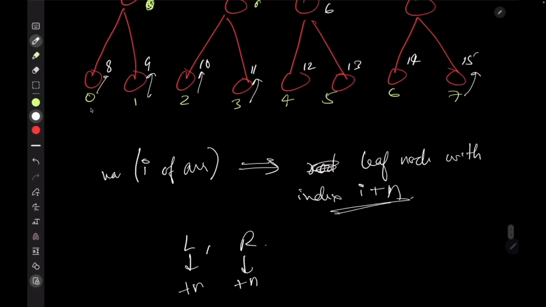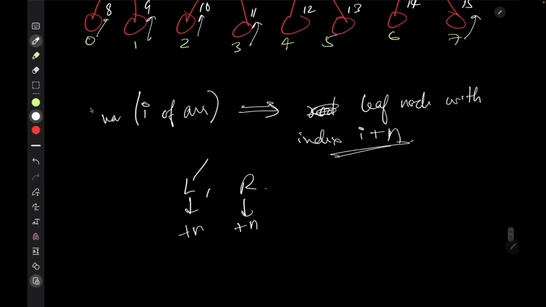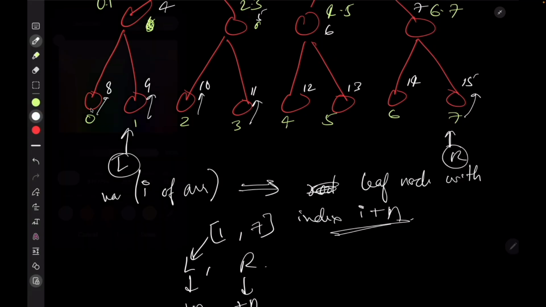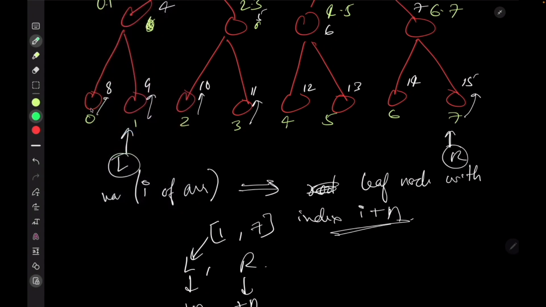So suppose we have been given a query for 1 to 7, our L will point here, 1 plus 8 is 9, and our R will point here, 7 plus 8 is 15. Now up till the point L is less than or equal to R, we will see if L is pointing to the left child or right child.